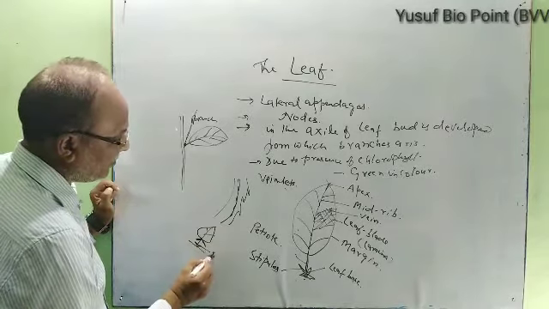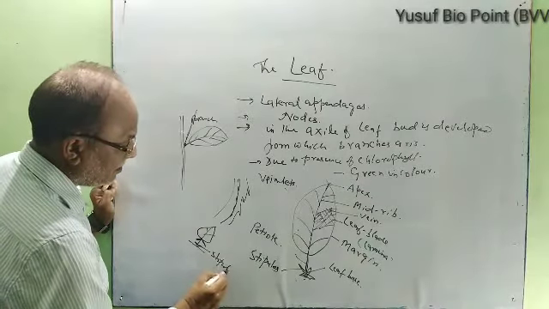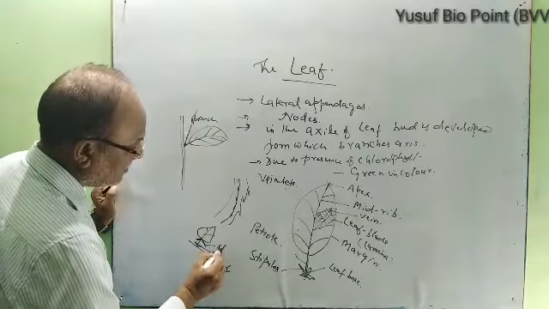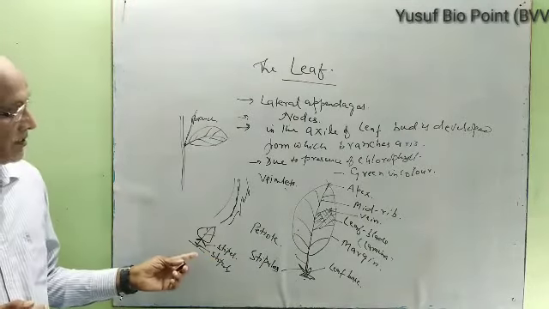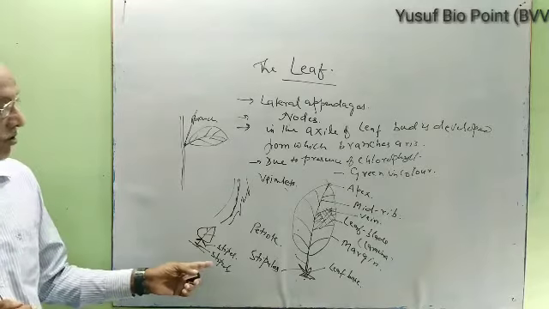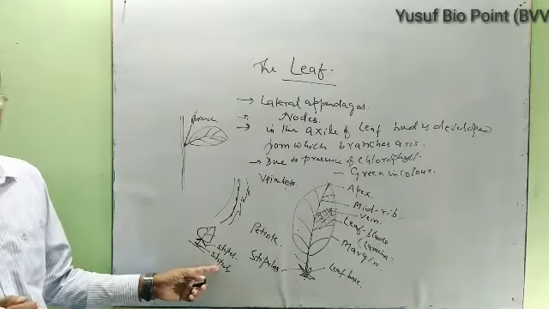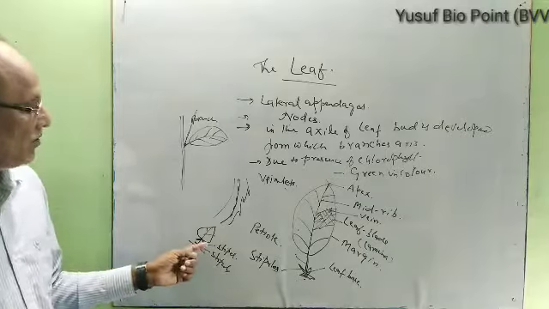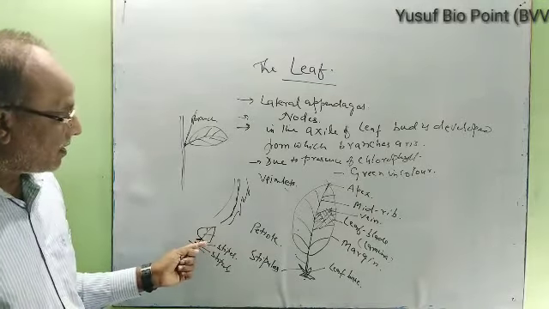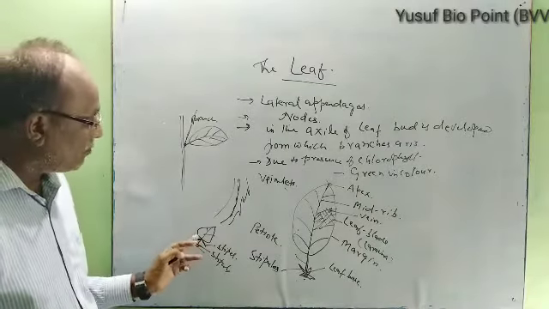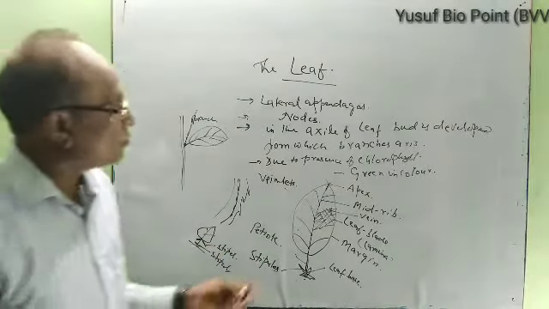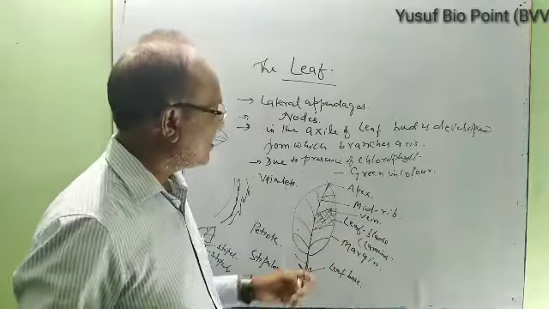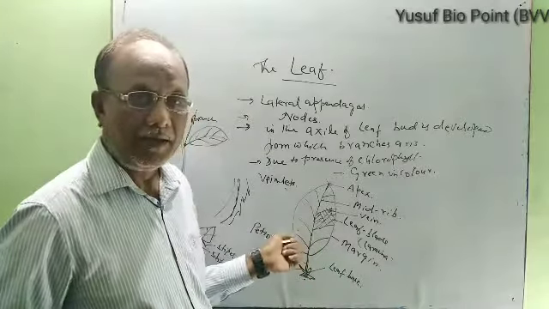So this is a stipule and this is a stipule, meaning the outgrowths which come out from the leaf base. So this is the structure of a leaf.